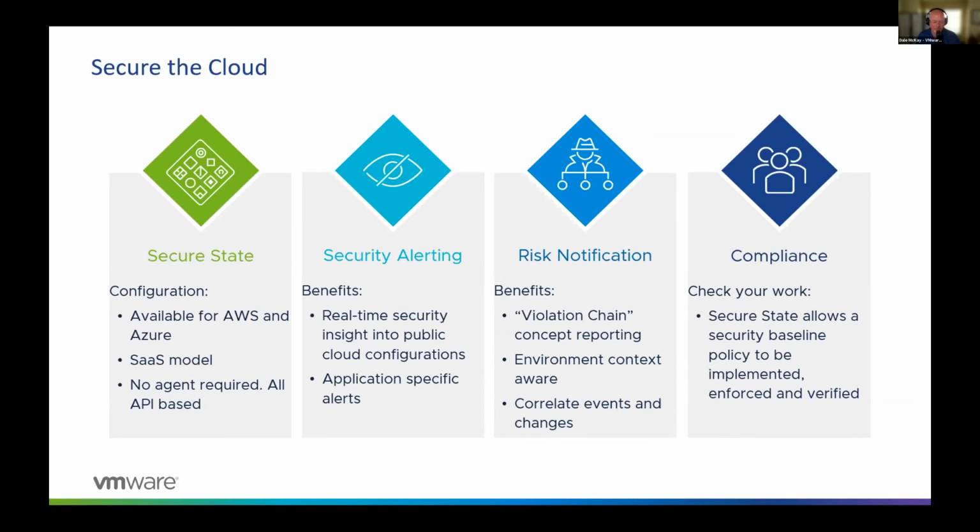So if someone goes in and inadvertently provides public access to an S3 bucket in AWS, that would be noted, and there would obviously be an alert raised on the fact that we had moved outside of our established policy, if indeed that was our policy.